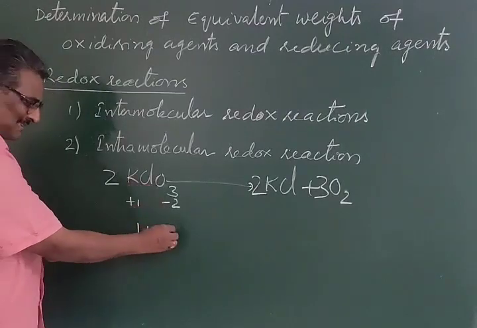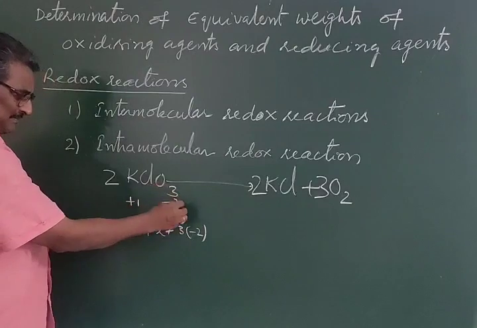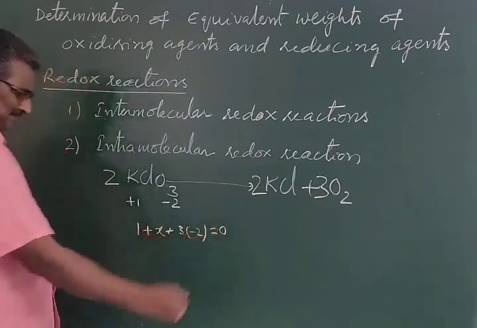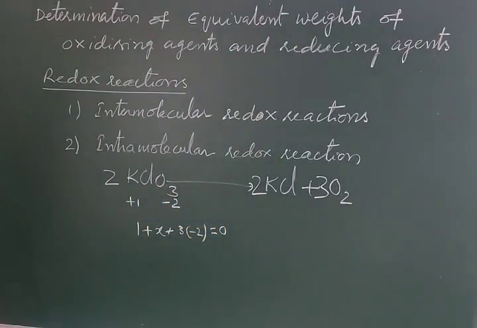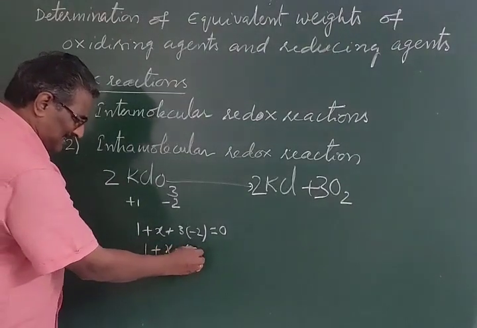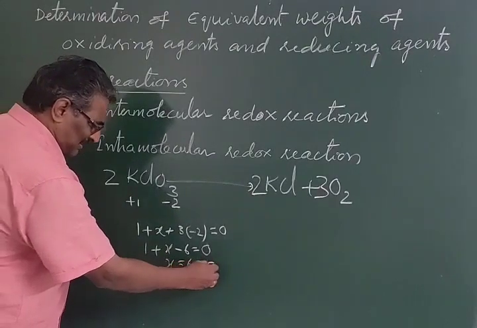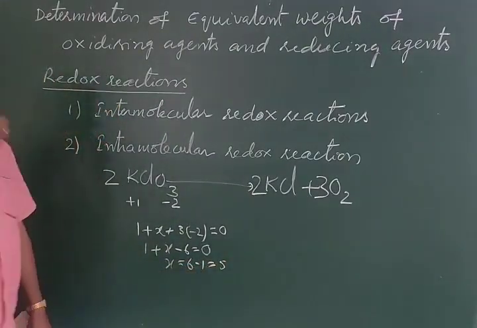Oxidation state of potassium is +1. 1 plus X plus 3 into -2 is equal to 0. You know how to find the oxidation state? 1 plus X minus 6 is equal to 0, or X is equal to 6 minus 1, that is 5.